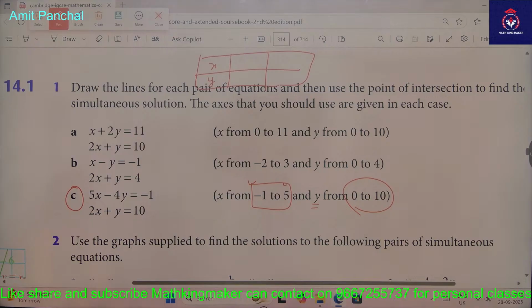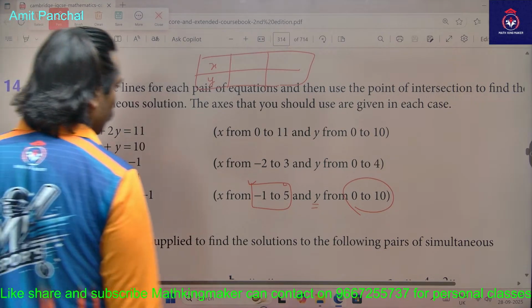But for that, y will have to be -1, and y cannot be -1. It has to be between 0 and 10. You can't assume y beyond 0 to 10. Okay, you're right.